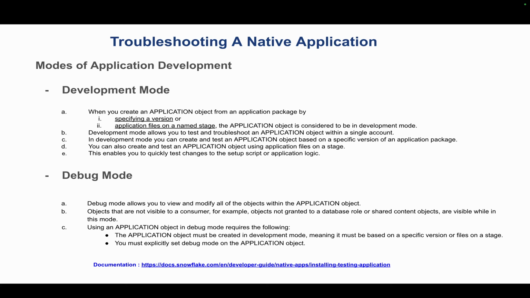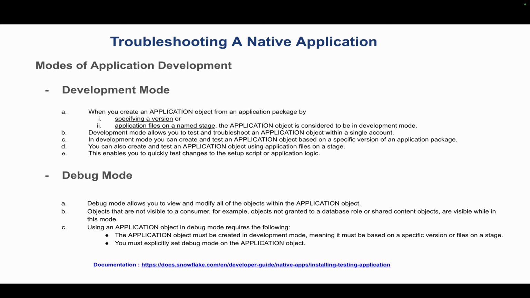However, you may need to run it in your provider environment as well, because that is where you can debug it. That is where you can play around with the different options so that you are 100% sure that your native application will work flawlessly once deployed on your consumer account. This process enables you to quickly test changes to the script and your application logic.